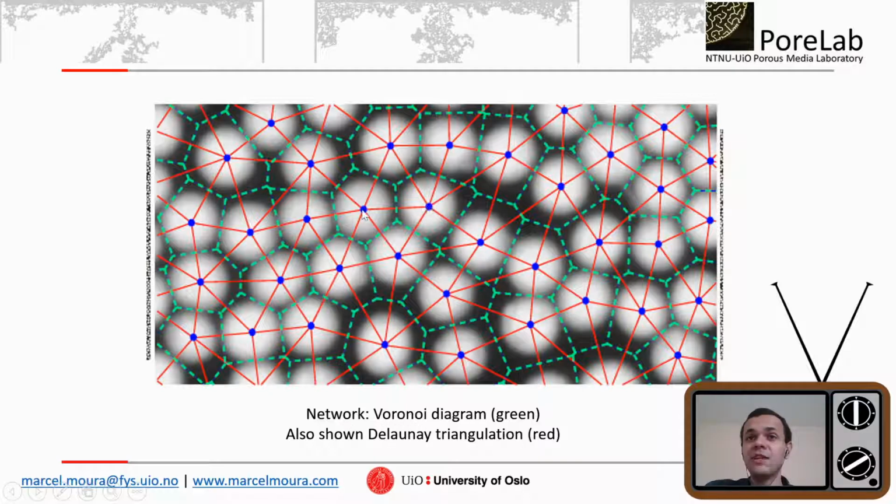So we just get the glass bead centers, the blue dots, and then we produce the Delaunay triangulation, the red lines here. And the network is actually the dual graph to that Delaunay triangulation. It's called the Voronoi diagram, the green lines here. So this is one way to get the network.